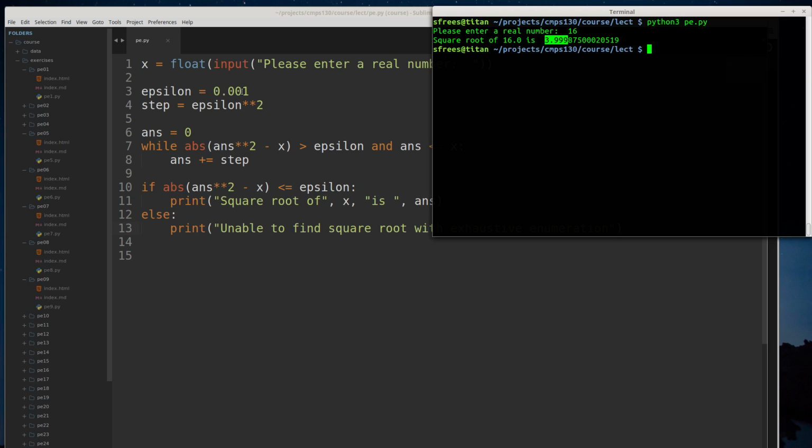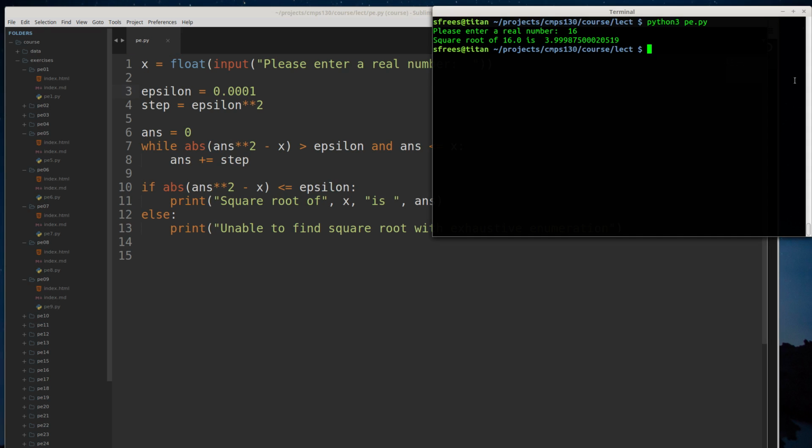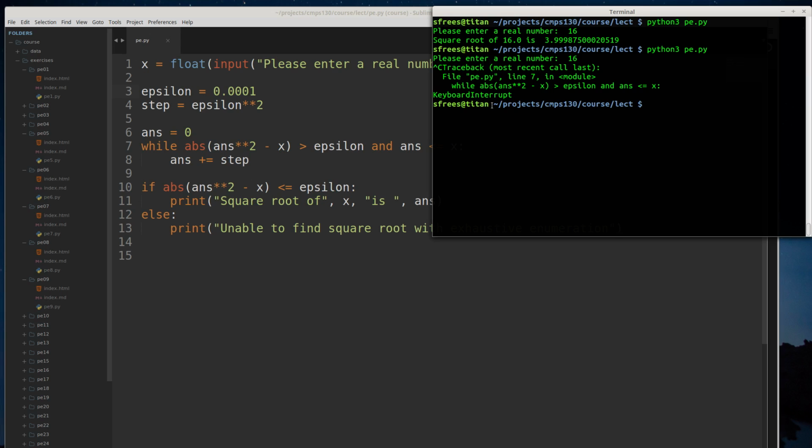If I was to make epsilon larger, I could still do this, but this is going to take an enormous amount of time, because I'm incrementing so smally. There's so many numbers between 0 and 16 that I'd have to actually look at and examine. So it's going to take me far longer to find this value. Rather than wait, we can get an idea of just how many iterations.